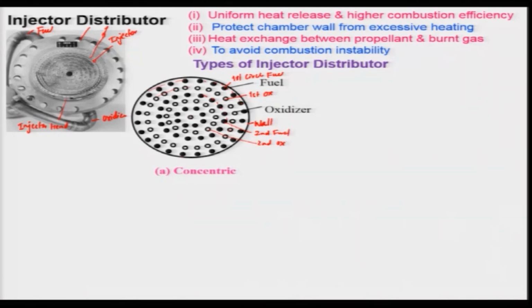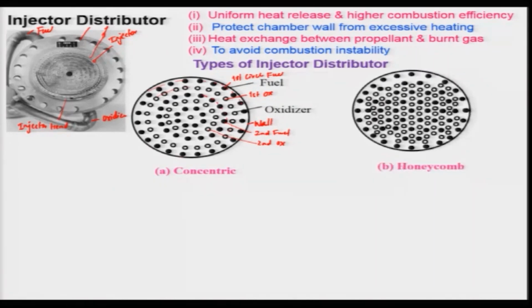Of course, at the center there will be only one oxidizer injector. Concentric is easier to manufacture and easier to maintain, and it gives, of course, a little bit late mixing. However, the combustion will be good and the wall is protected, but it takes more residence time, and therefore they need a slightly longer combustion chamber for complete combustion.